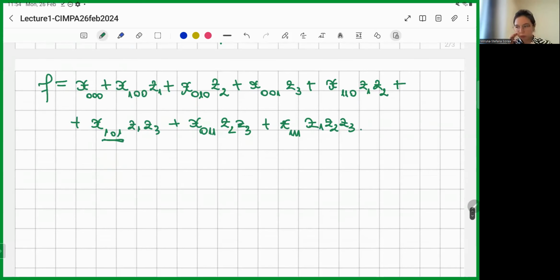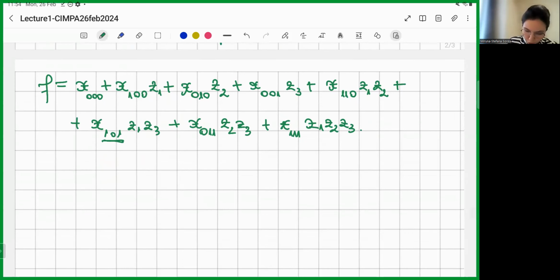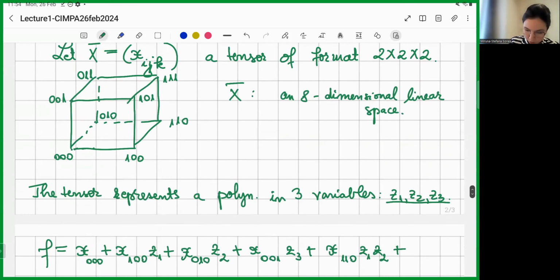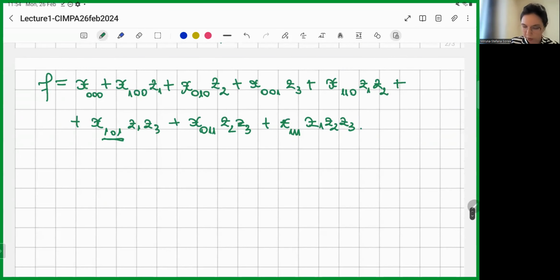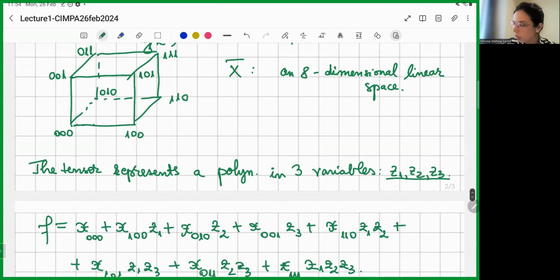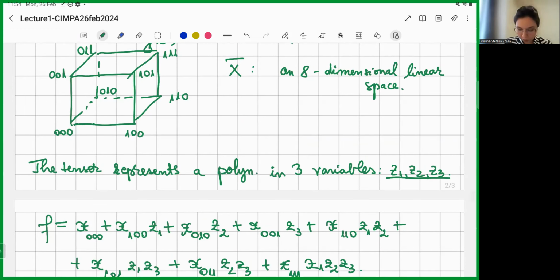Now, for a fixed x, for a fixed vector of this 8-dimensional space, this polynomial defines a surface that lives in C3. The question that we are going to answer using elimination theory is: when is this surface singular?